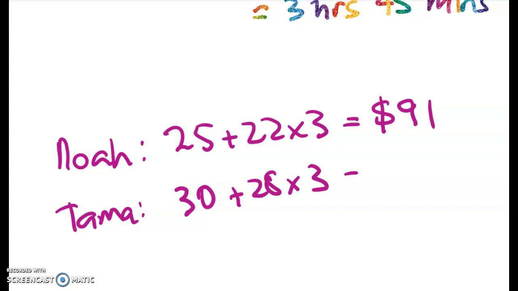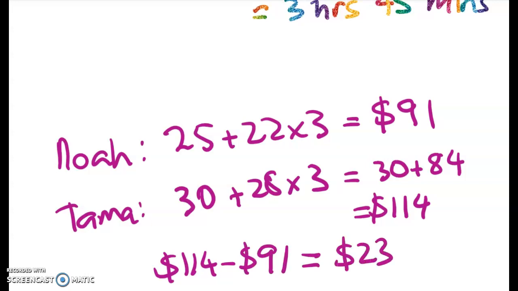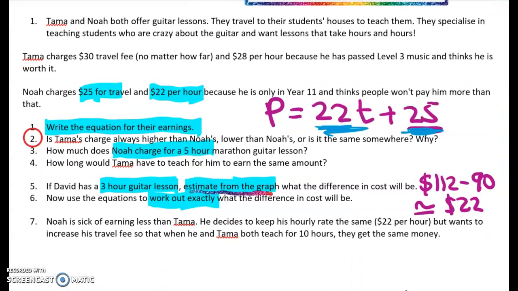I'm trying to do this in my head as I go, so that's 30 plus 84. I know one of you is going to tell me if I get this wrong, so that's 114. So the difference is 114 minus 91, which is $23. So how did we go with our estimation? Oh, pretty good actually. So we estimated 22, but the actual difference is 23.